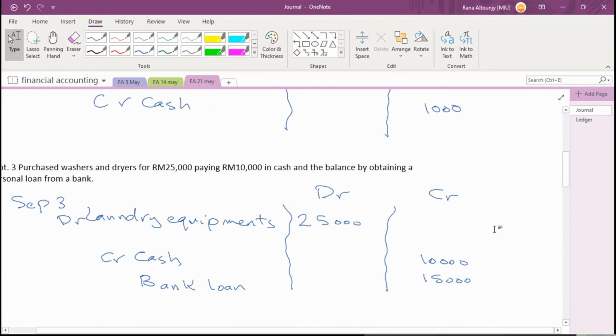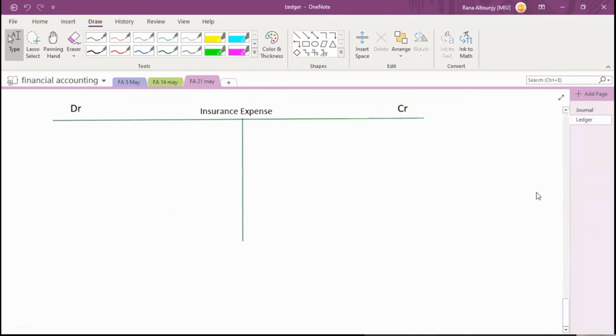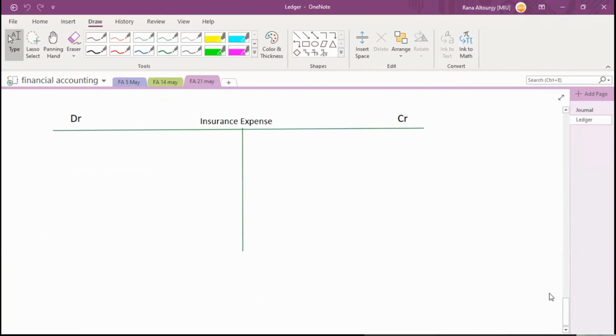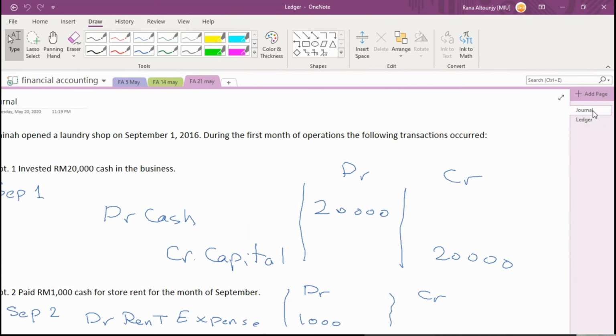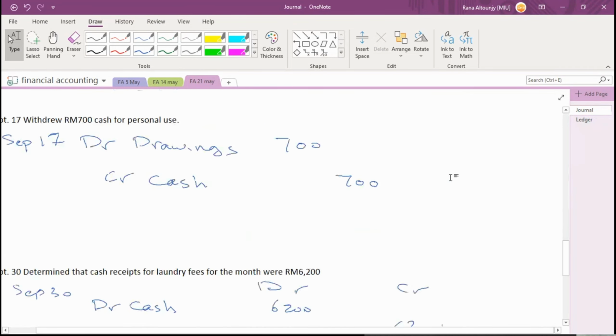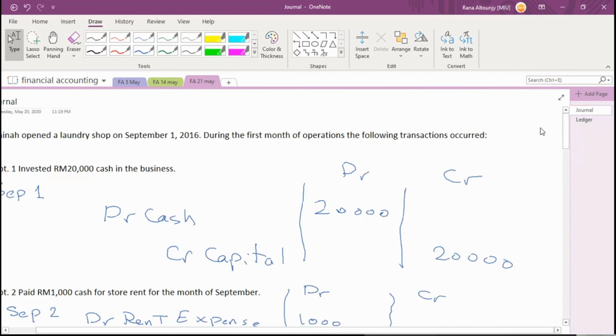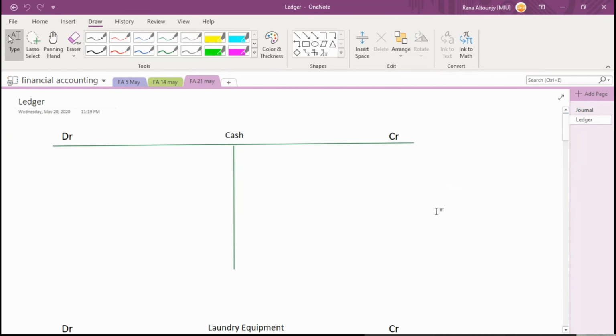Okay, in the notebook, I made another page for the ledger, which will be easy for us to write. So this is our journal page, and this is our ledger page, because it's better that you write all the transactions in the journal first, then you transfer them to the ledger.